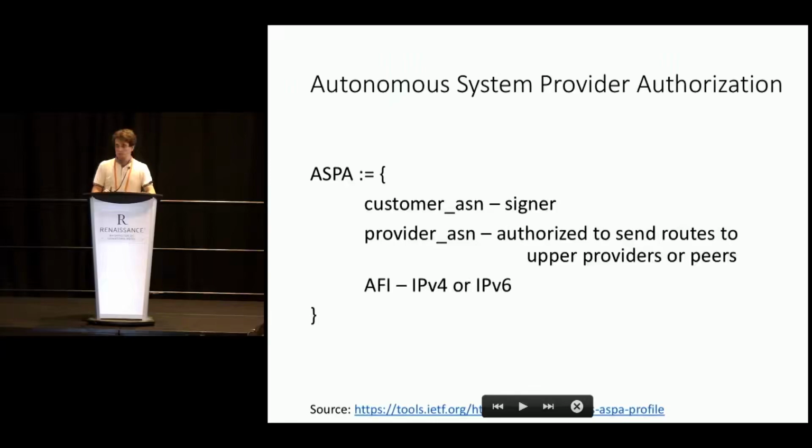What we are suggesting is a new RPKI object that will give ISPs an opportunity to list their providers. With this object, it will enable other ISPs to detect hacker activity for the address space. So here is an example. There is a customer autonomous system that signs who its provider is.